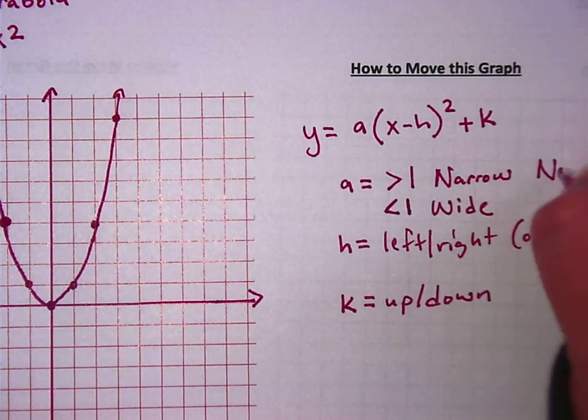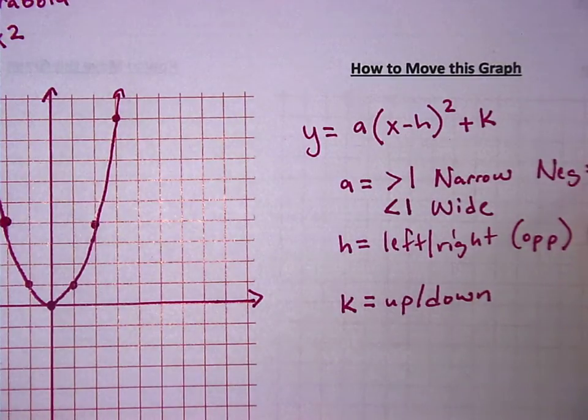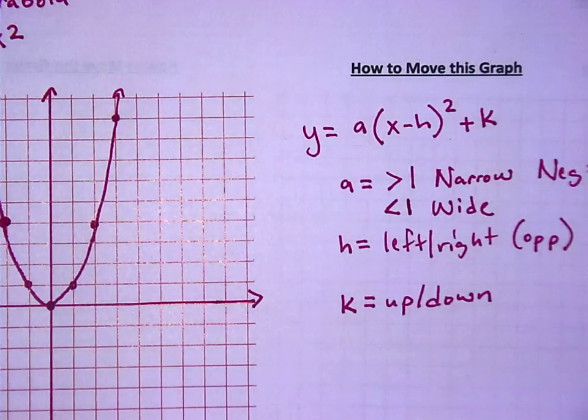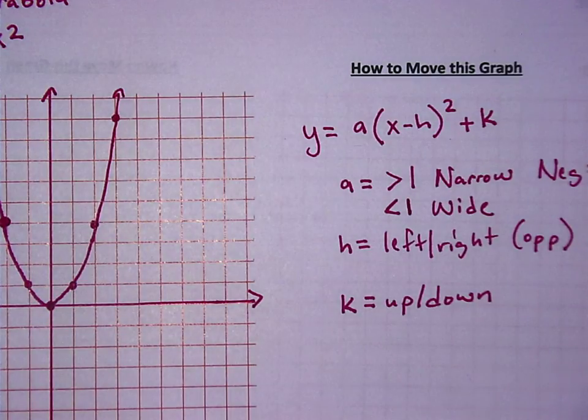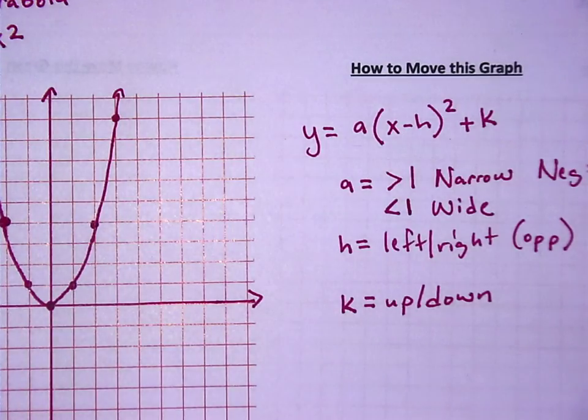And if it's negative, it flips it upside down. That's it. That's how you graph a parabola.